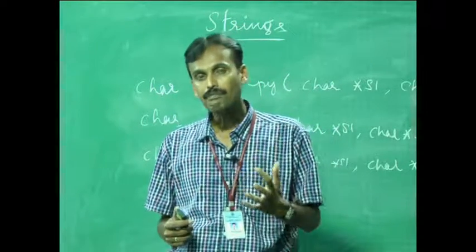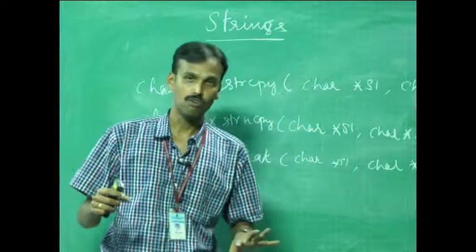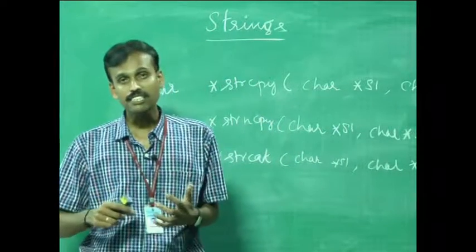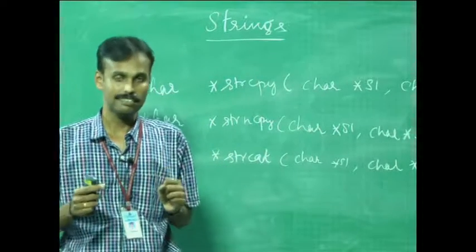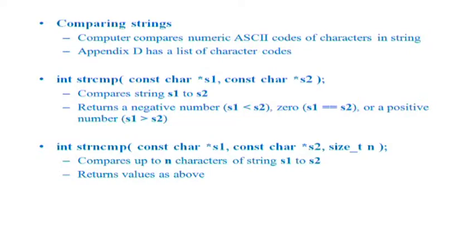Okay, I have characters, I have ASCII codes. Are there functions which can compare two strings with each other? The answer is yes. I have a function called strcmp, which has its return type as integer, and that takes in two different strings as parameters.